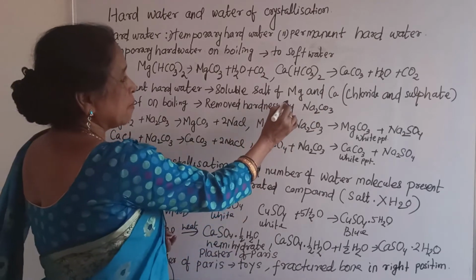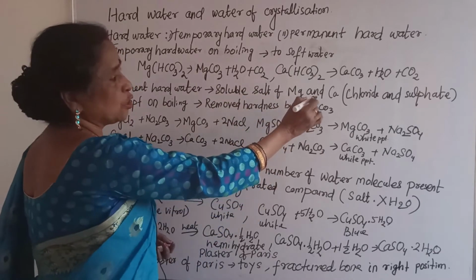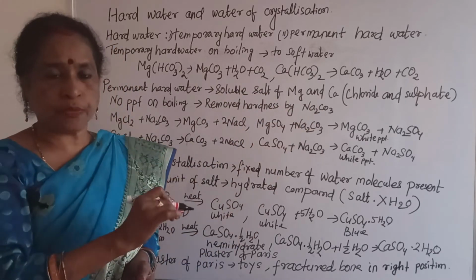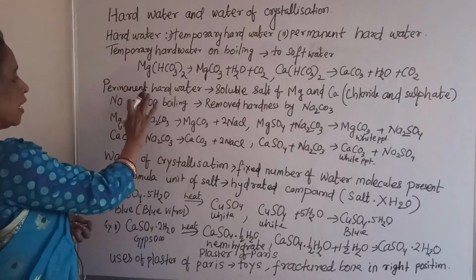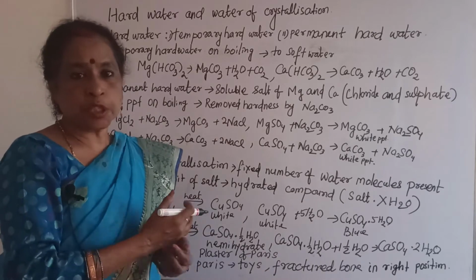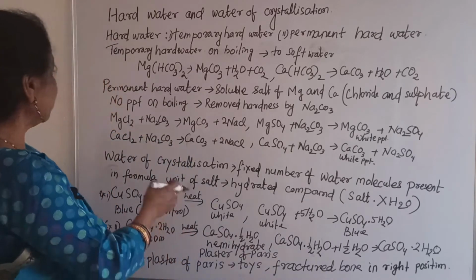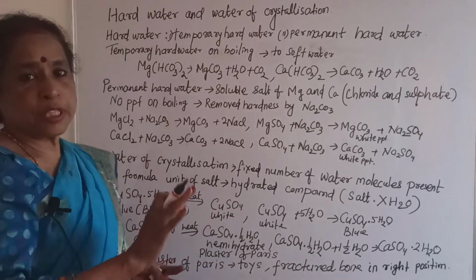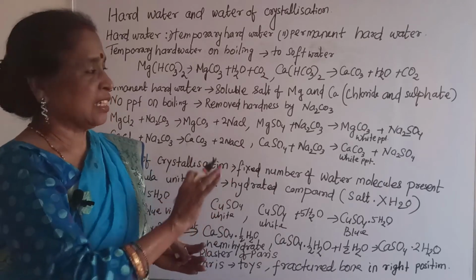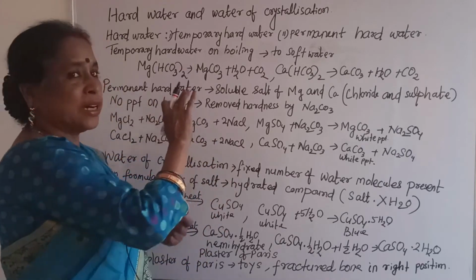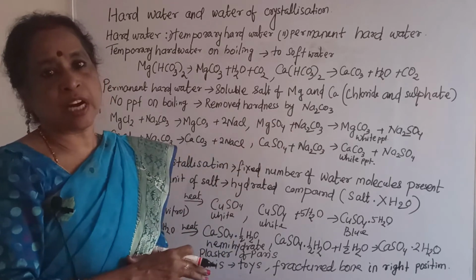That means magnesium chloride, magnesium sulfate, similarly calcium chloride, calcium sulfate present in water is called permanent hard water. Then the question is, how can we remove permanent hardness? Because on boiling no precipitate comes out, there is no change. Permanent hardness can be removed by sodium carbonate.